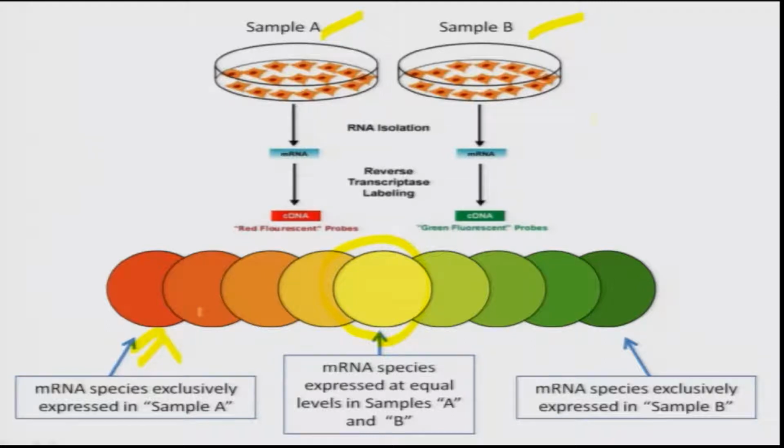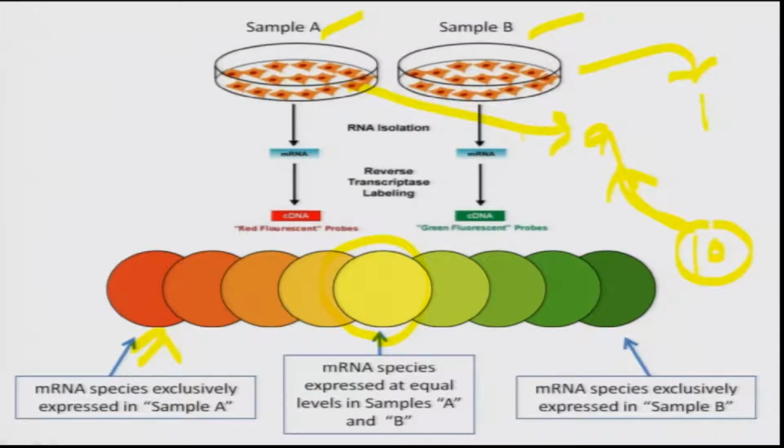Say for every one transcript for a given gene from sample B, you have 9 transcripts from sample A, and I have 10 targets here. So, 9 of them will be bound with the cDNA derived from sample A, and you are going to have more of red color. On the other hand, if it is reverse, 9 here and 1 here, I am going to get more of green.